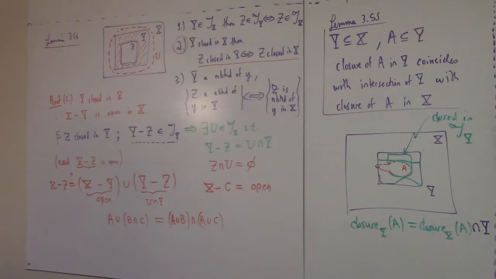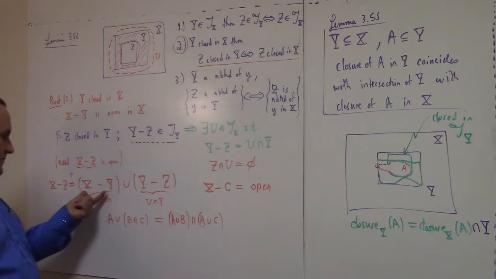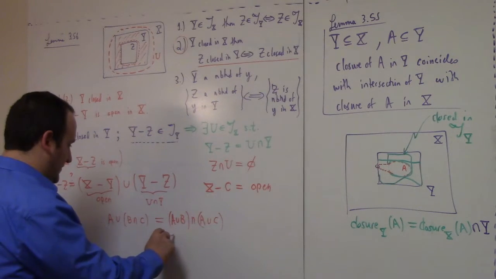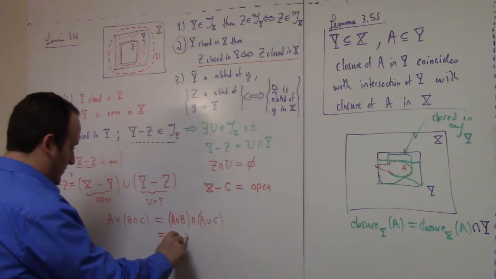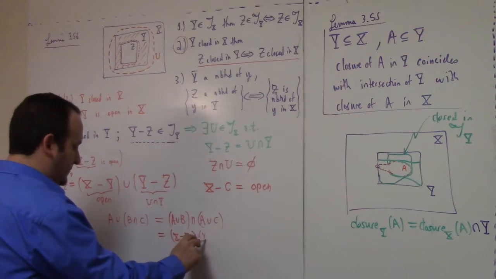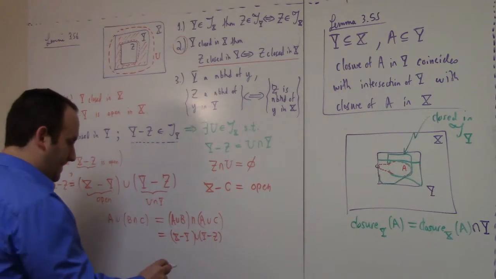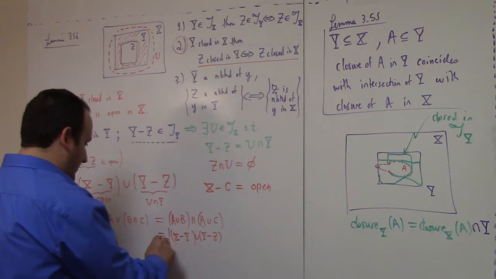Let's see. Yeah, you got it. So then I would have something like X with Y removed, unioned with Y with Z removed, right? And then what?